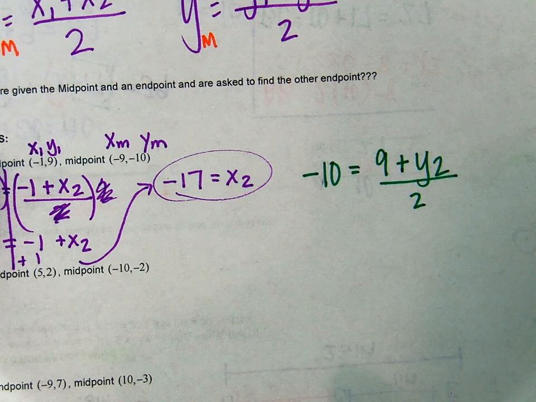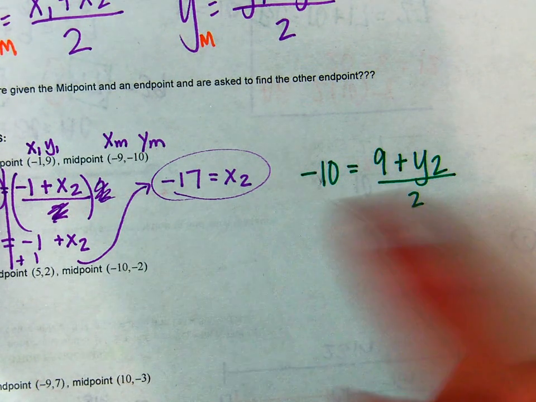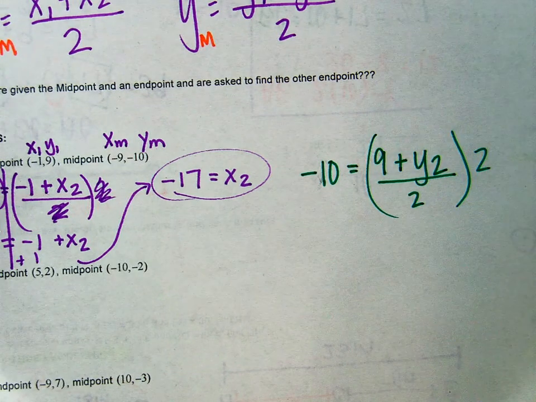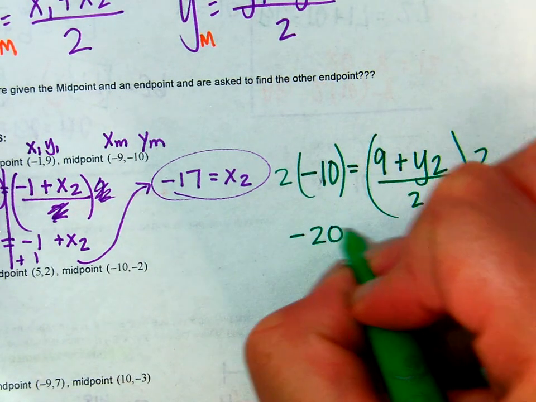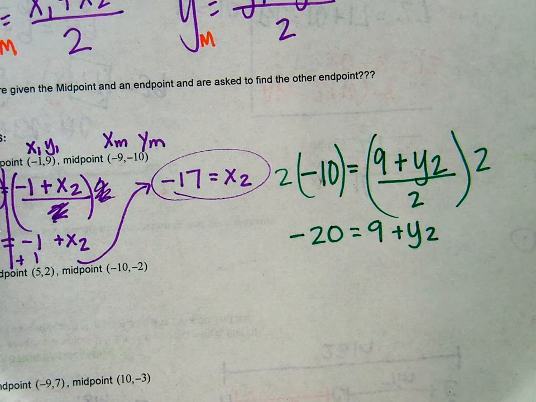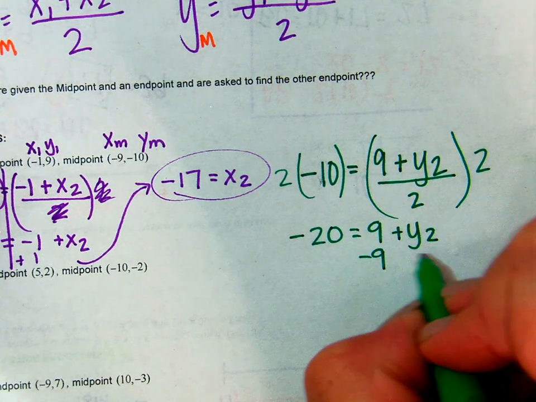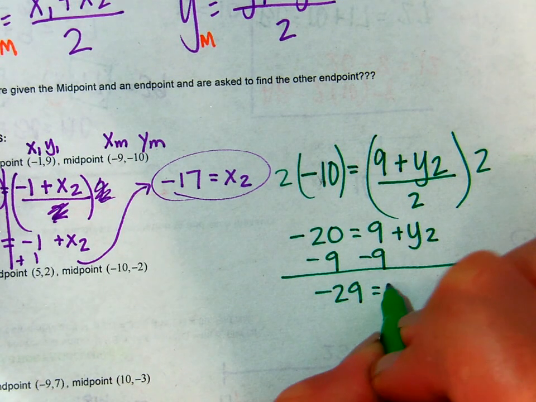Okay, so we have to get rid of the 2. Let's go ahead and multiply both sides by 2. So negative 20 equals 9 plus y2. So to solve for y2, subtract 9 from both sides. Negative 29 equals y2.